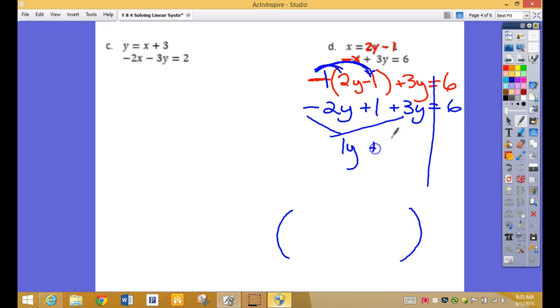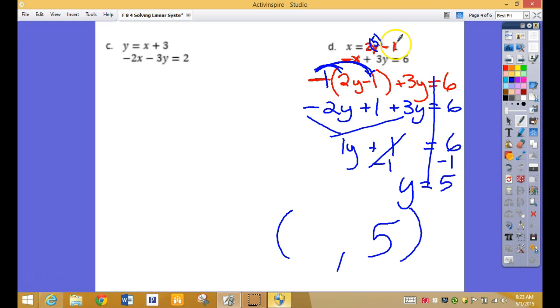Bring down our plus 1 equals our 6. Now, minus 1 to both sides. Y equals 5. So I have my 5. Go back up here, put 5 in here. 2 times 5 is 10, minus 1, 9. So our ordered pair, the solution to that, is 9 and 5.